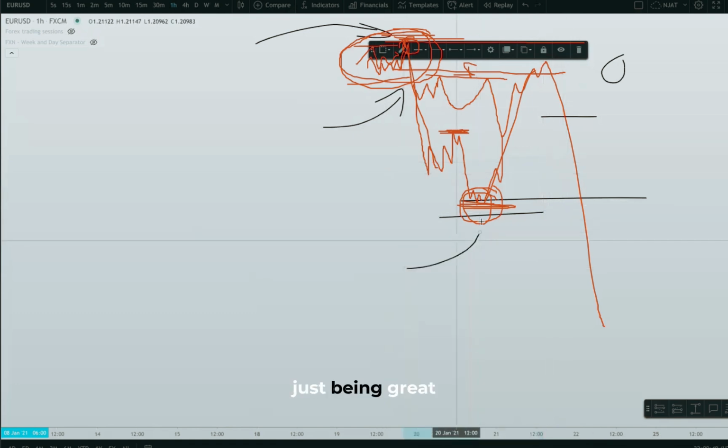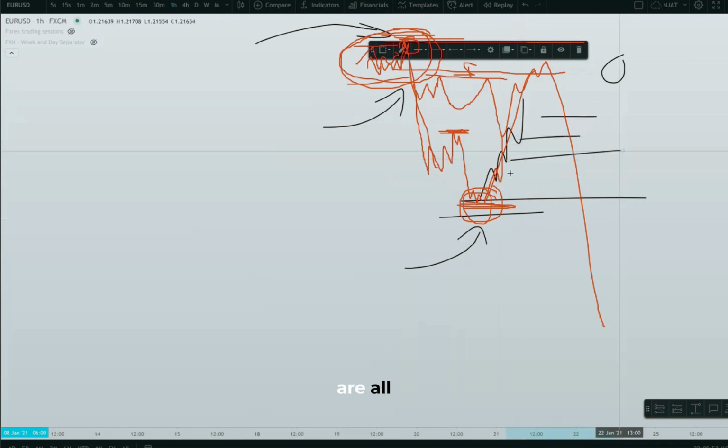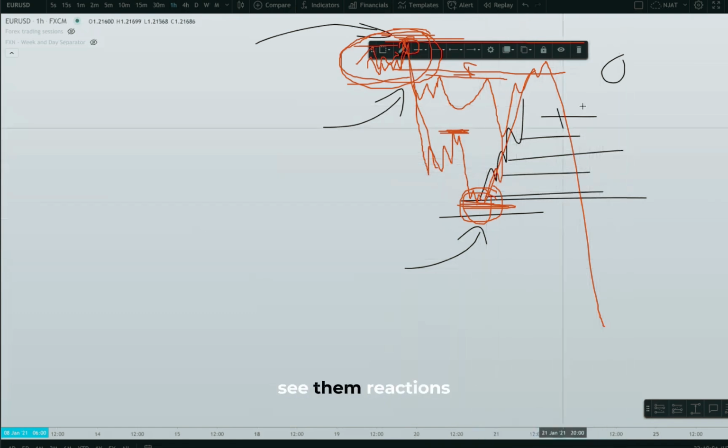This low is just being created for liquidity to run that, into the higher range, and the liquidity that's been created here, right? These reaction points are all, essentially going to get wiped out. So we may see reactions off of these, but the intention of price after this higher time frame mitigation is to take this swing low, and that's how we're gauging our direction, right?